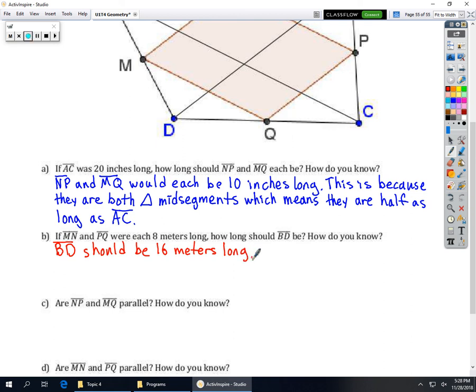And we know this because MN and PQ are both triangle mid-segments. This is because MN, this is a lot of writing, and PQ are both triangle mid-segments.